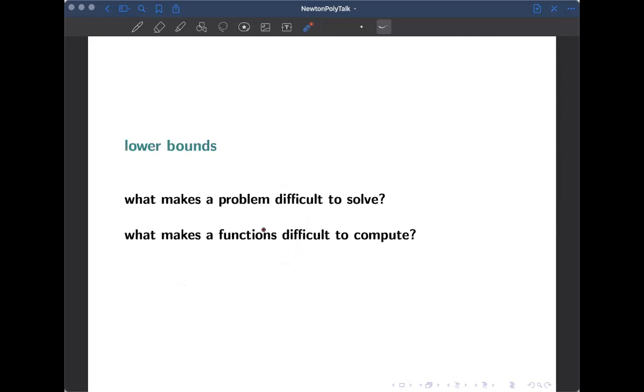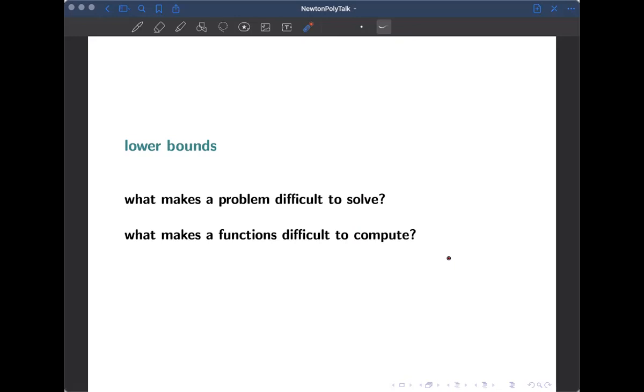The starting point, the motivation for us was the question of lower bounds. The high-level question is what properties of functions make them difficult to compute. We can describe properties of functions using various structures in mathematics, using algebra, using combinatorics, using geometry.